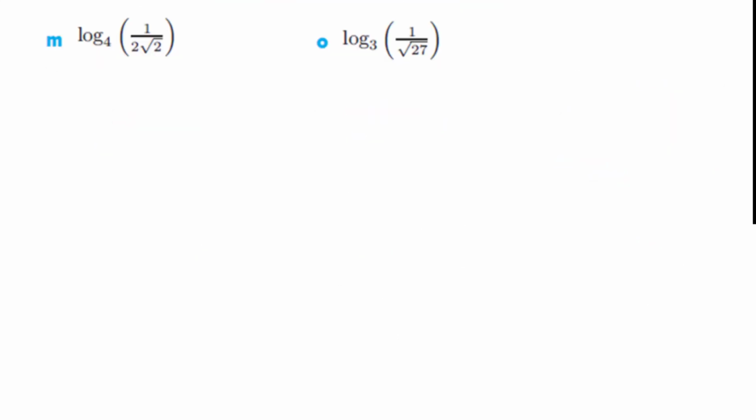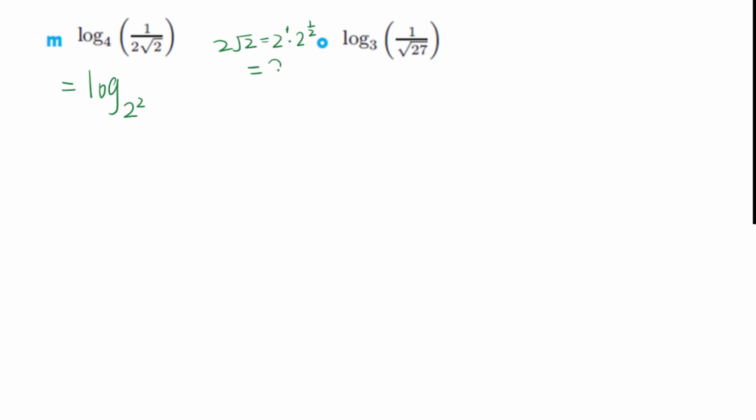Let's go to M. Log base 4 of 1 over 2 square root of 2. We will make a same base. 4, we can write down 2 to the second power. 2 square root of 2, that is 2 to the first power times 2 to the 1/2 power. This is a multiplication of a power.